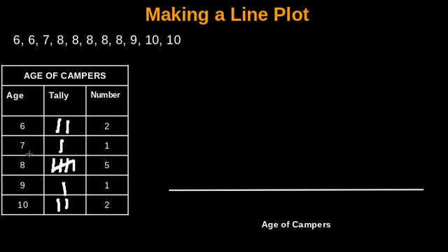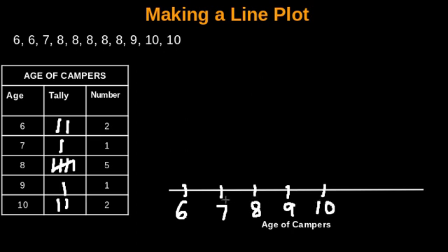So let's start by ordering the ages of the campers from the least to the greatest. We have 6-year-olds here. We'll have the 7-year-olds following, 8, 9, and 10.